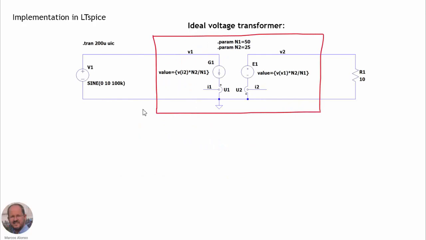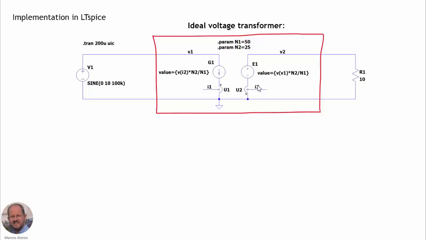The implementation of an ideal voltage transformer in LTspice is very easy. We only have to use two behavioral sources. We can use a current source here in the primary, which is going to generate a current that follows the expression that we have seen before, which is the current through the secondary.